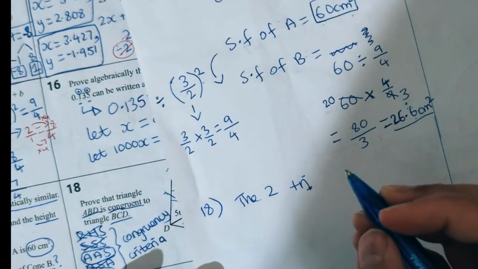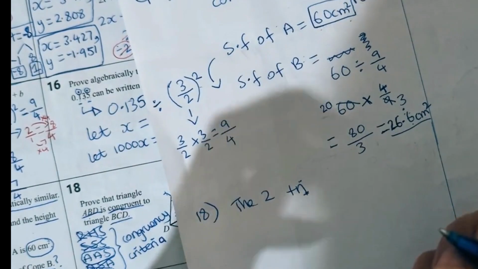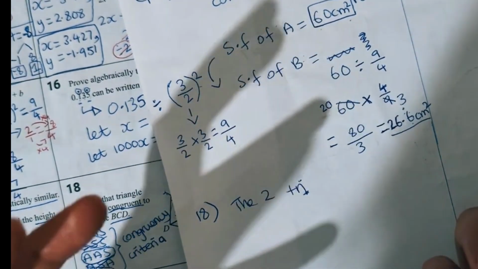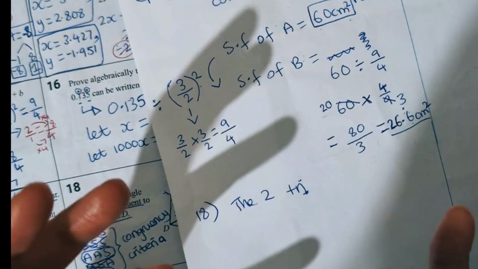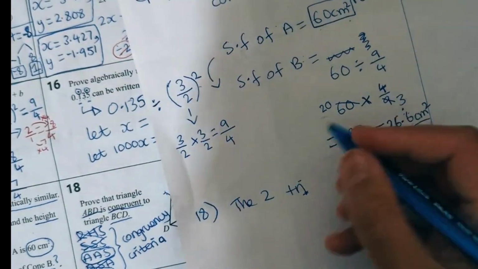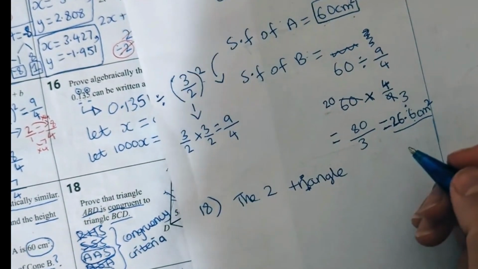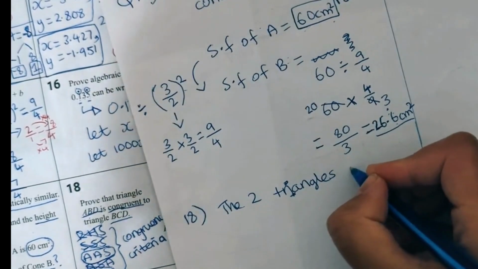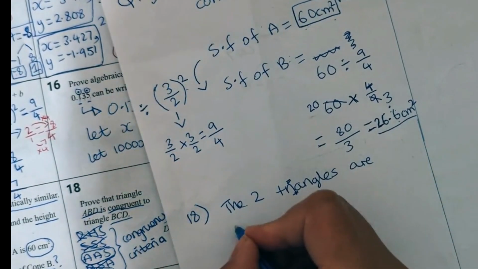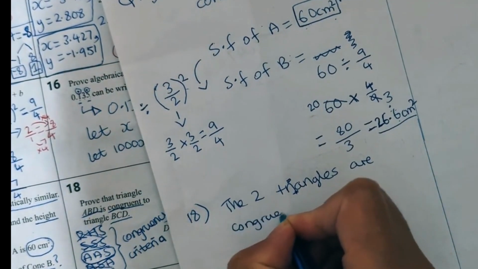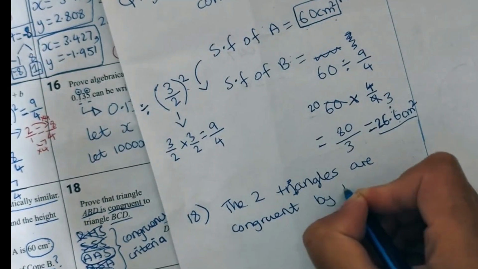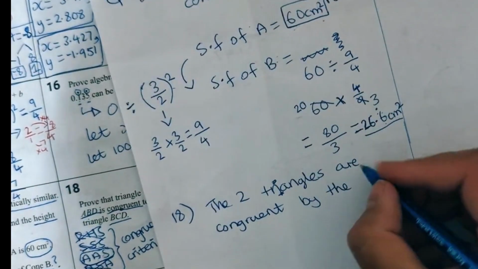But for now I'm going to go with this one. There is often more than one rule that we can see, and it's just whichever one you can spot first, because they both end up giving you the right answer. The two triangles are congruent by the, I'm going to say AAS rule.